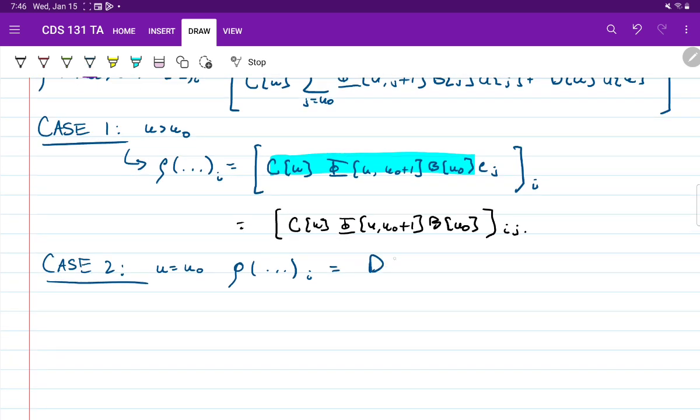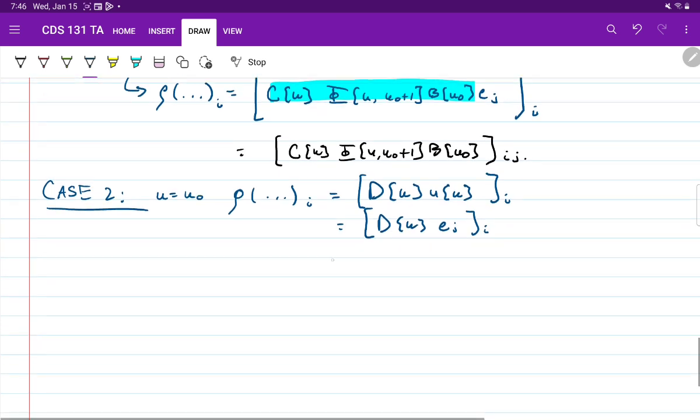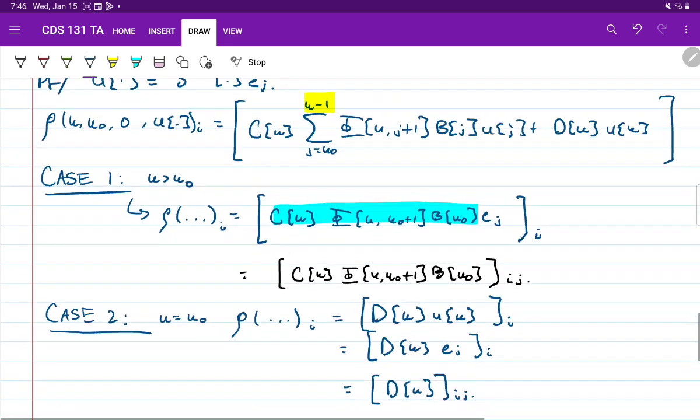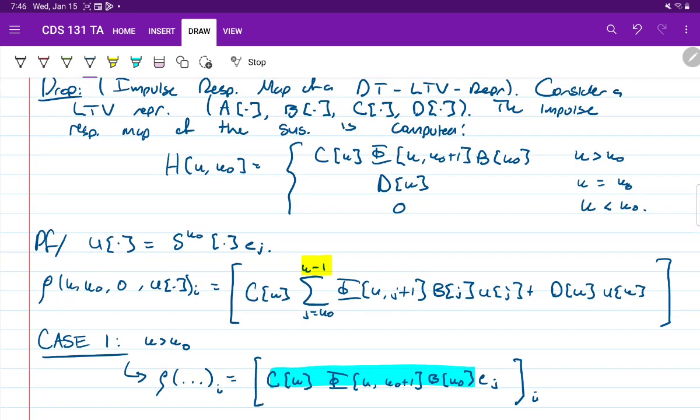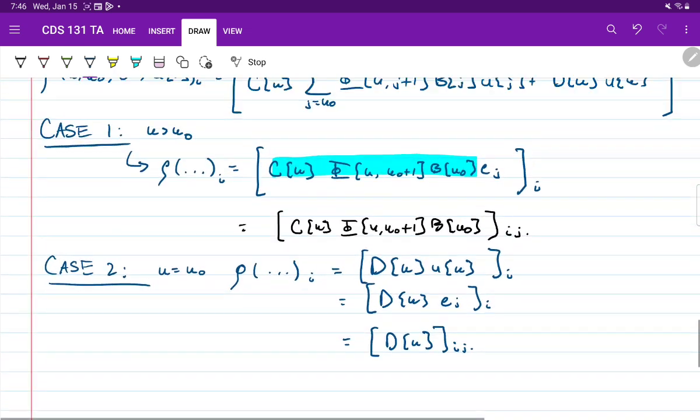What we're just left with is D at k, u at k, which in this case is equal to, oops, I'm forgetting my coordinate i here, D at k multiplied by e_j, coordinate i, which by the same reasoning as above is equal to D at k, coordinate ij. So that completes the second case for us.